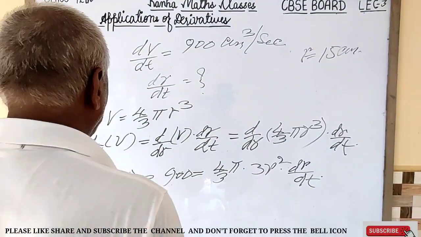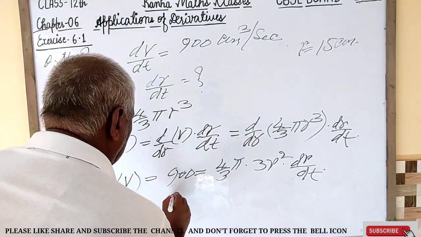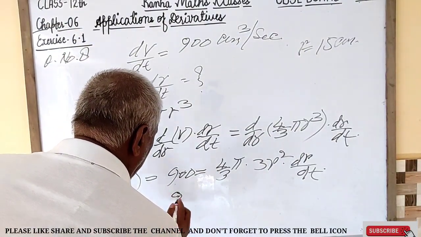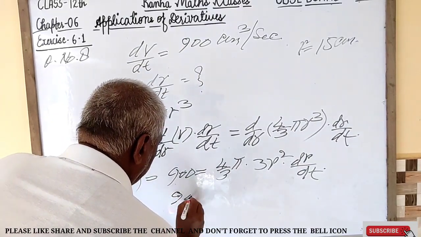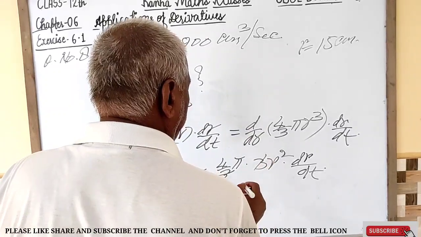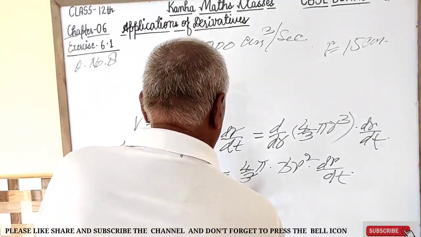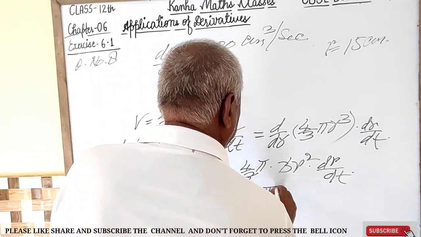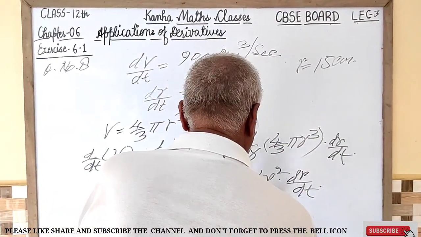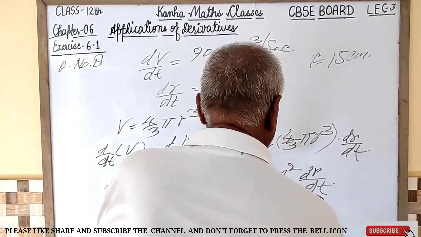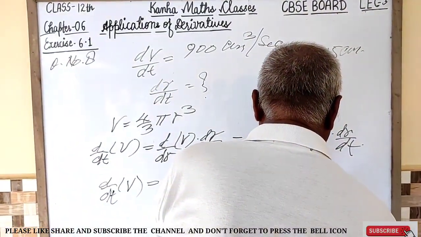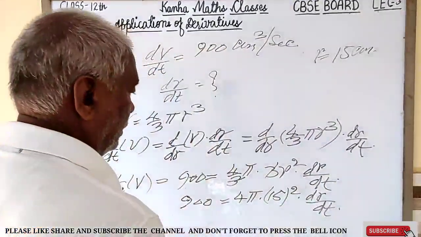Now 900, 3 cancels by 3, 4 pi, r means 15 square into dr/dt.